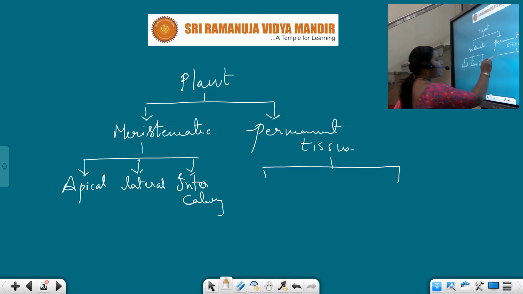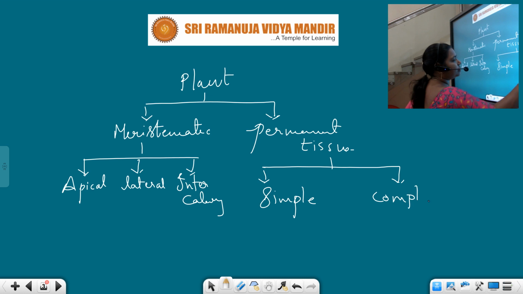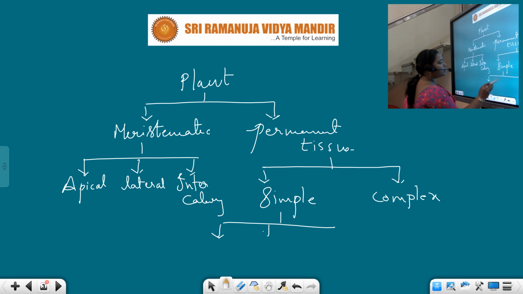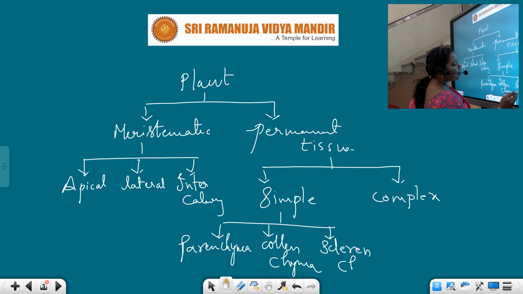Permanent tissue is again divided into two types, children: simple and complex. Under simple, three more are there: parenchyma, collenchyma, and the last one is sclerenchyma.